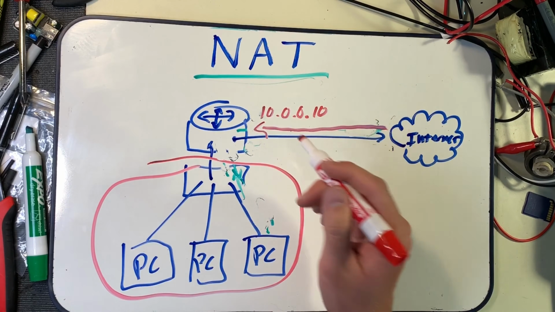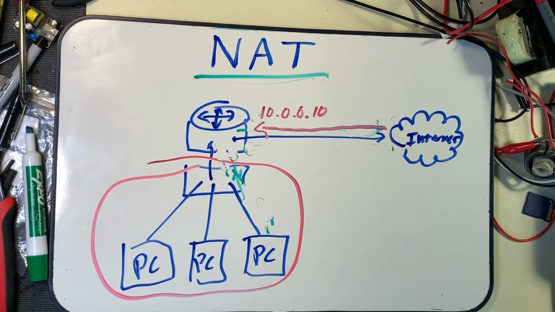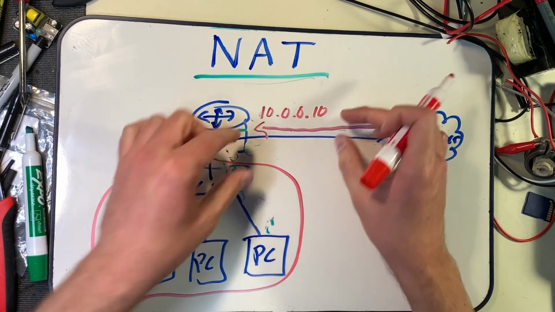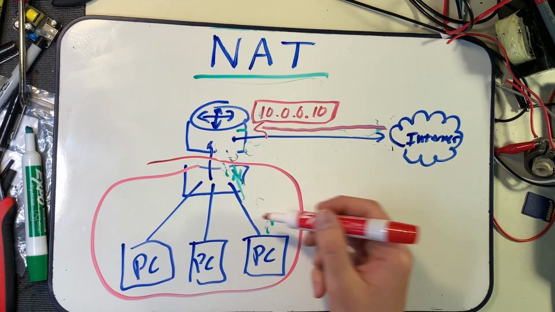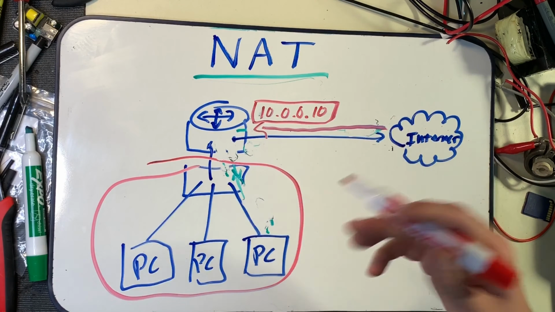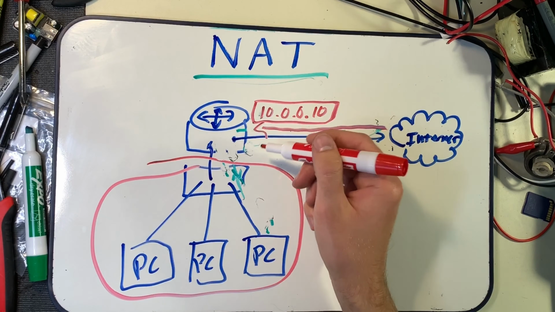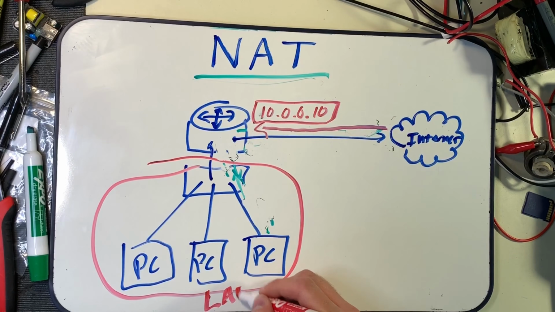That's actually classified as a private IP address space, but let's not get into that. Let's just say that everything on this network is trying to use this single IP address. So the router has to keep track of what machines are trying to talk to what. When it receives a response, it knows where to send the response in this local area network.